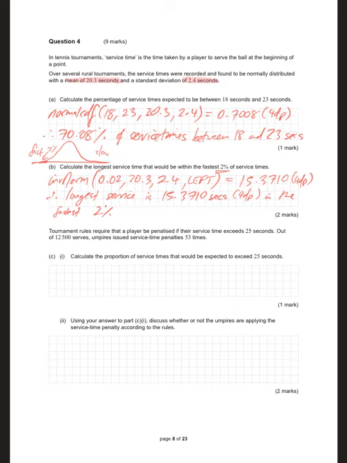Tournament rules require that a player be penalised if their service time is over 25 seconds. Out of 12,500 serves, umpire issued service times penalties 53 times. Calculate the proportion, so that's a normal CDF.